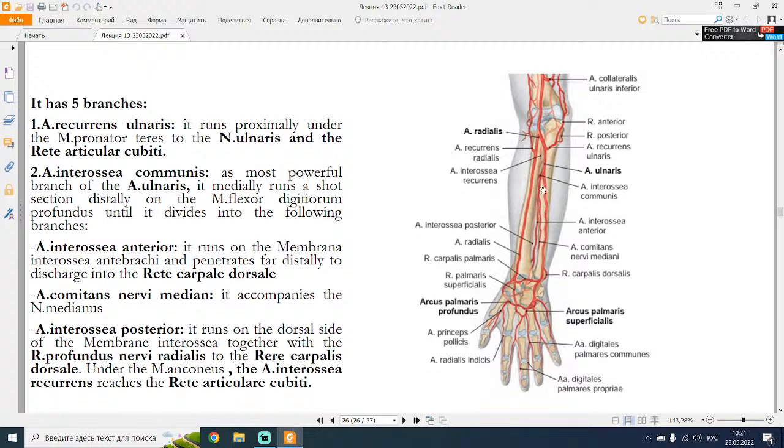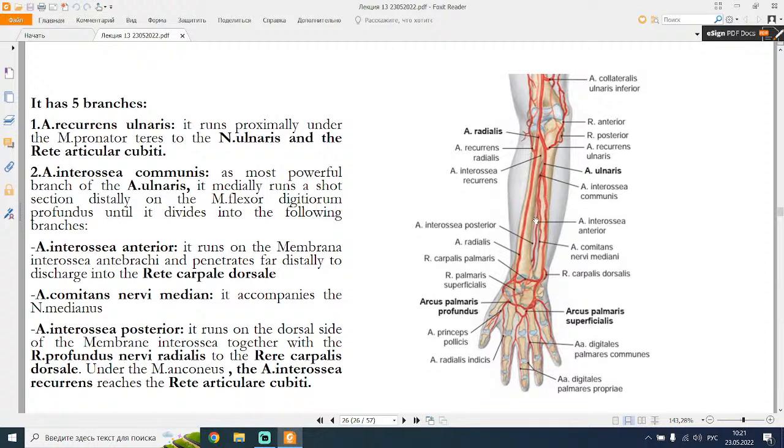As the most powerful branch of the arteria ulnaris, it runs a short section distally on the musculus flexor digitorum profundus until it divides into arteria interossea anterior and arteria comitans nervi mediani.